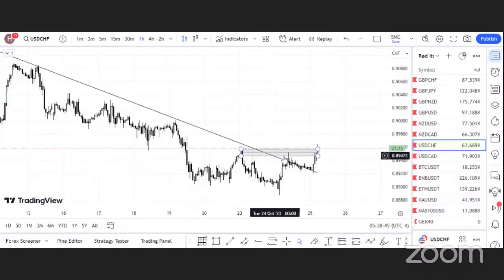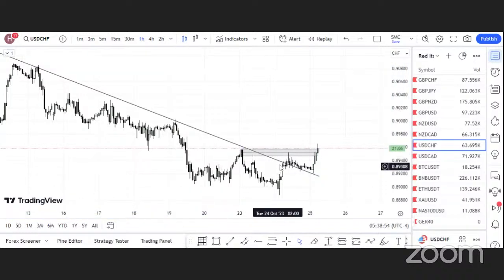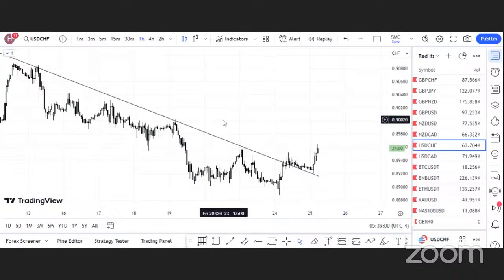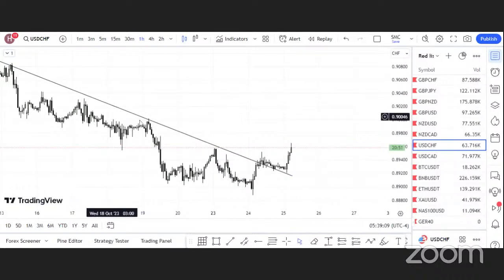All right. Okay, so this got taken out. We have a new liquidity around this area. Yes, I was expecting the market to take it out because we have a break of this to the upside. We have a break of that trend line, and the market went up. So our next point of interest here is we have all these liquidity areas around here, and then we have this other block and this fair value gap here.